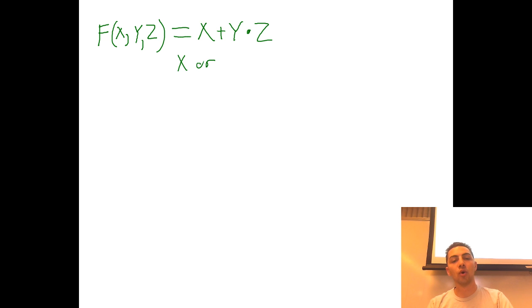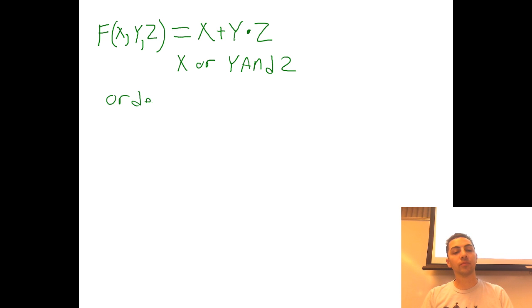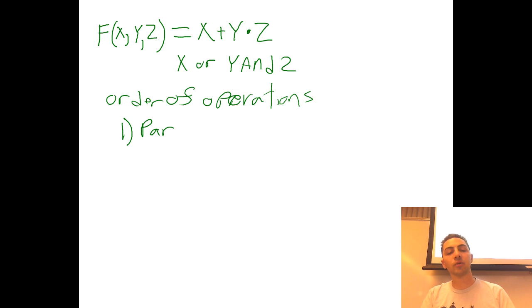X or y and z. And there are a few things we need to talk about before we start to try and analyze this, because in Boolean algebra, we do have an order of operations. Okay, the order of operations: first, anything in parentheses.